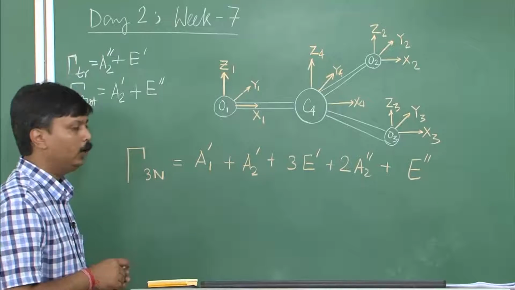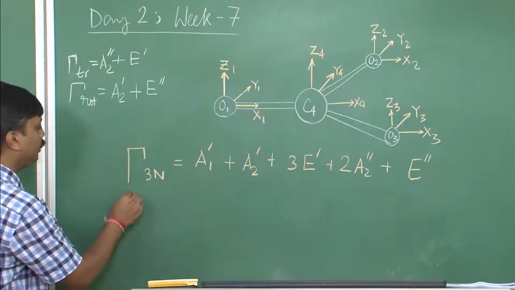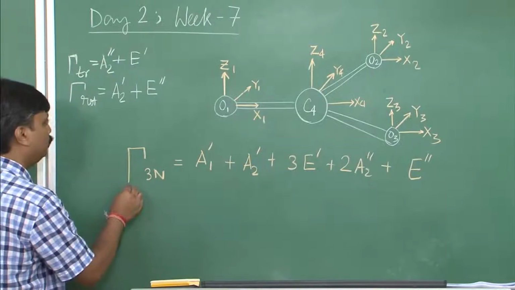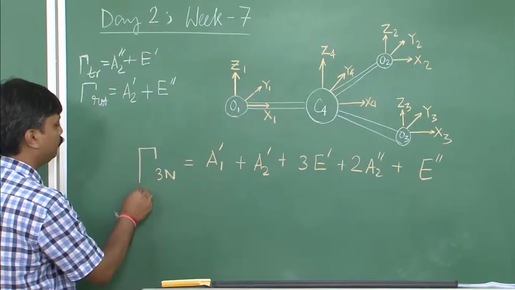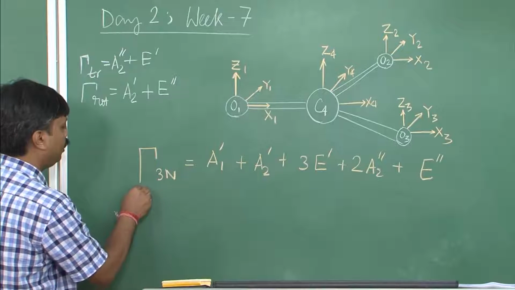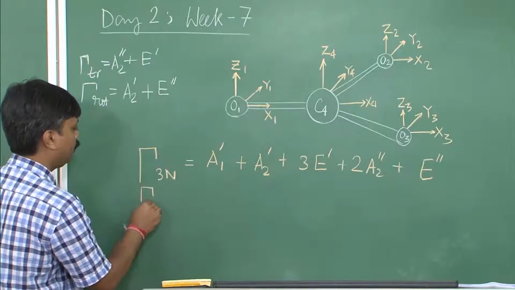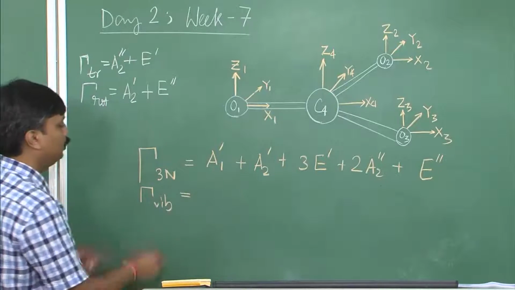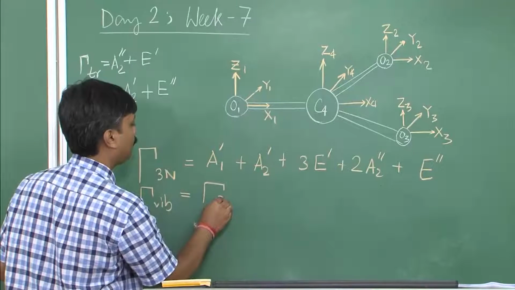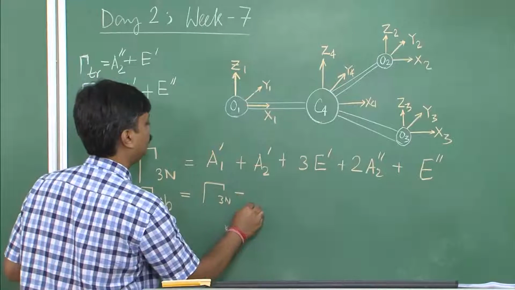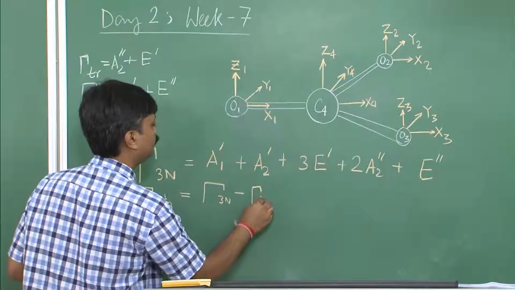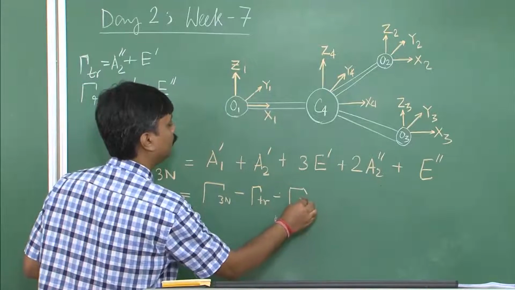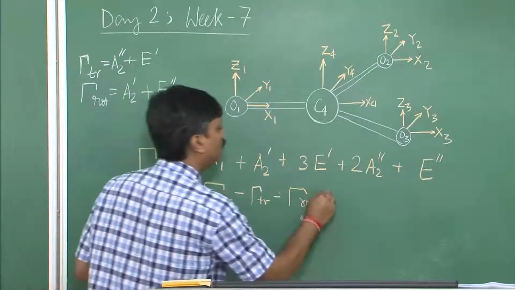In order to do that, I can write gamma vibration equals gamma 3n minus gamma translation minus gamma rotation. Okay.